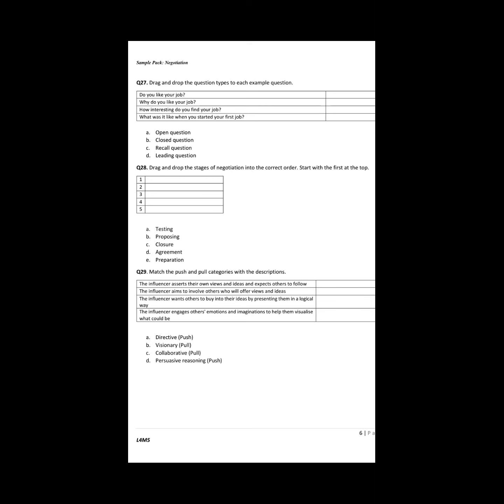The influencer aims to involve others who will offer views and ideas. Collaborative. The influencer wants others to buy into their ideas by presenting them in a logical way. Persuasive reasoning. The influencer engages others' emotions and imaginations to help them visualize what could be. Visionary. Okay. All right.